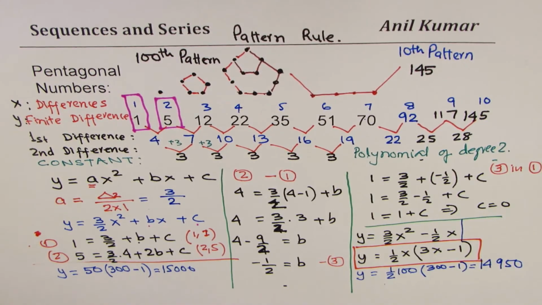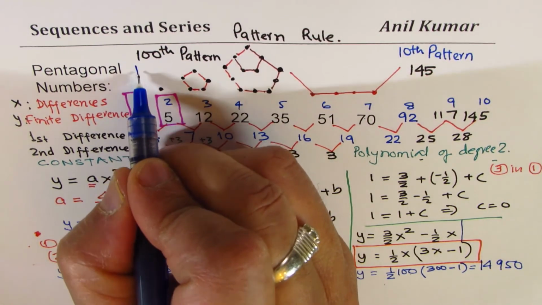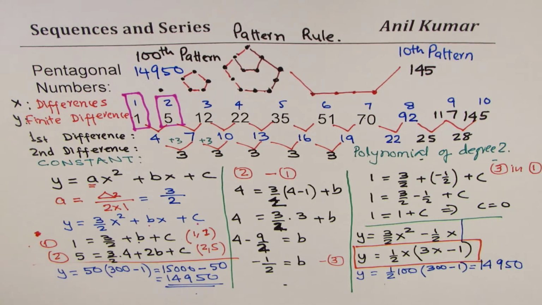So you get 15,000. Now you take away 50 times 1, which is 50. So once you take 50 out of 15,000, what you get is 14,950. So that is your answer. So the 100th pattern will have 14,950 dots. Perfect. That is how you do it.